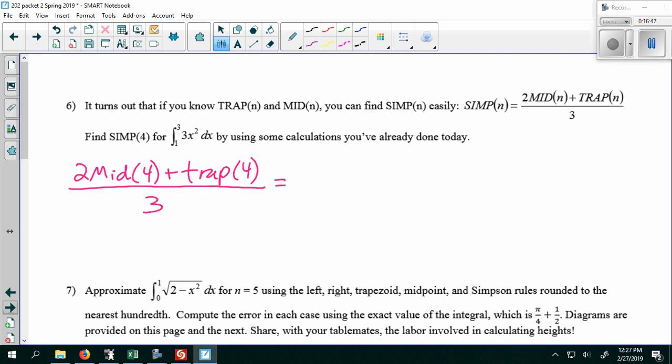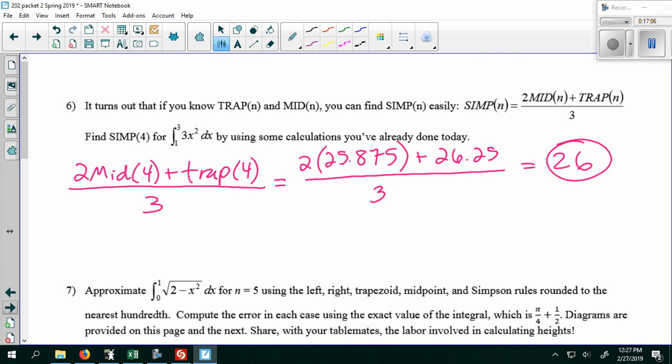So that comes out to 2 times 25.875, that was our mid, plus trap, which is 26.25, all over 3. That comes out to exactly 26, which was the exact value under our curve. So Simpson's actually gave us the exact value because it fit parabolas to a parabola.